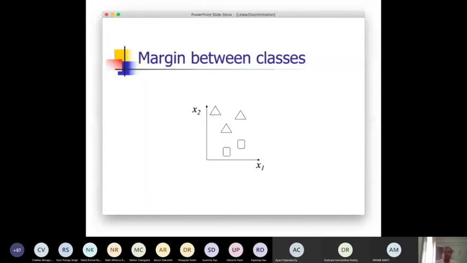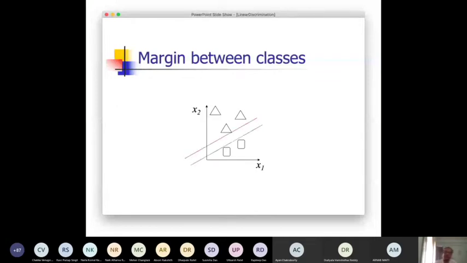So let us try to understand margin between classes. You can see a very simple example here, where you have a class with 3 samples, denoted by these triangles, and a class with rectangular objects, 2 samples.